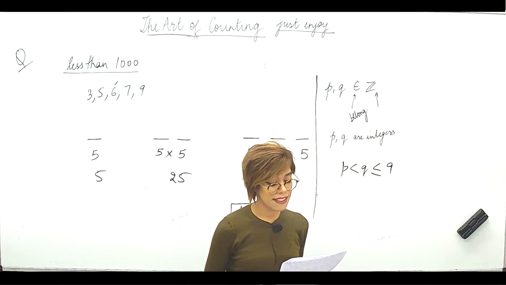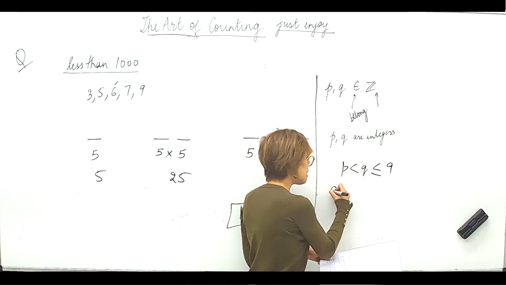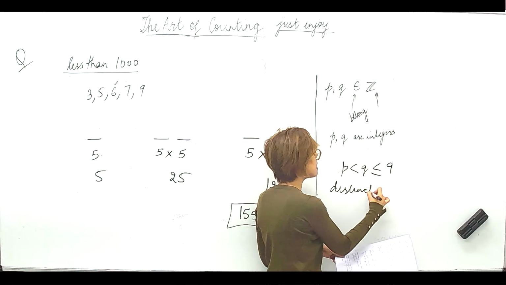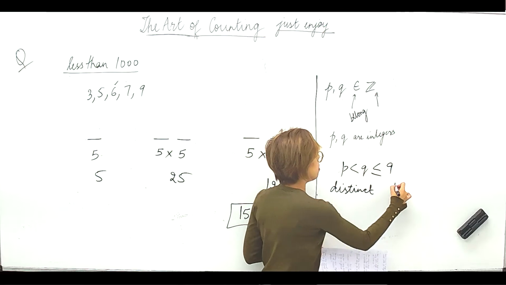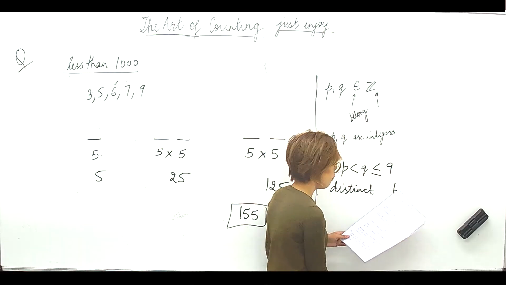Then how many distinct rational numbers P by Q can be formed?